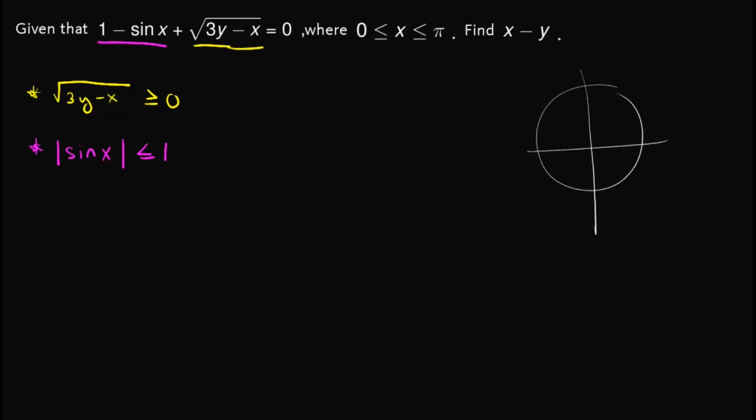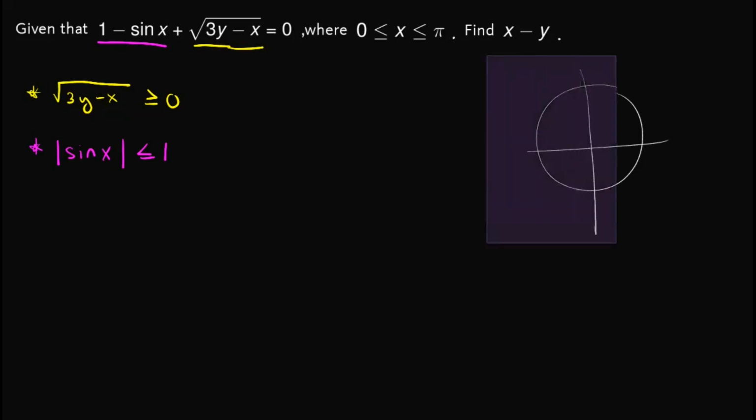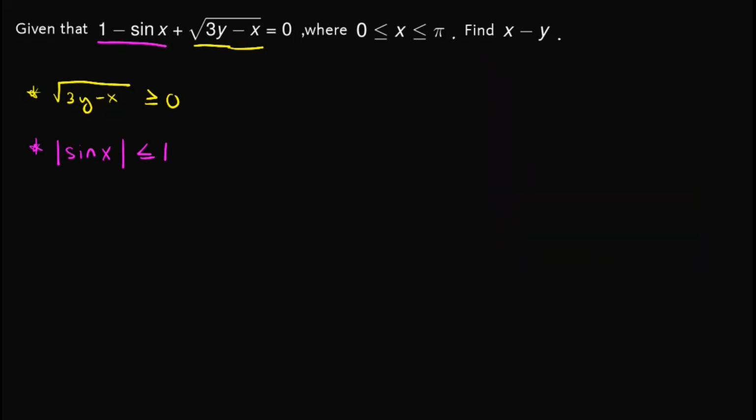Since it's a unit circle, its maximum value is only around 1 and its minimum value is around -1. So it's bounded there. So from here, we can write this as sine x is from -1 to 1.